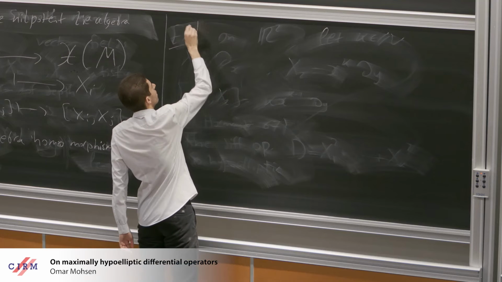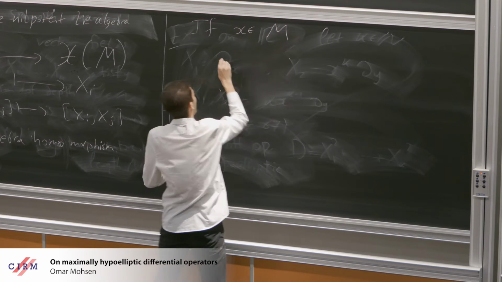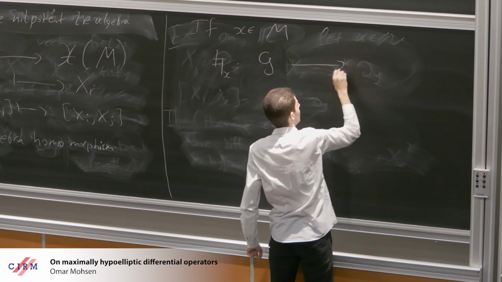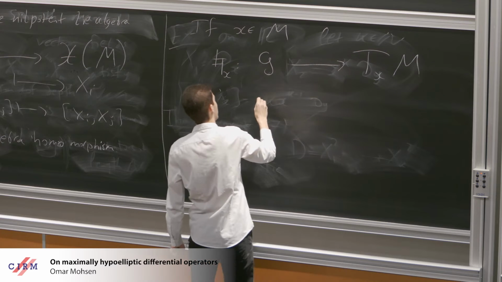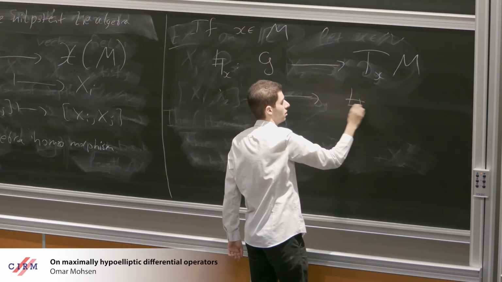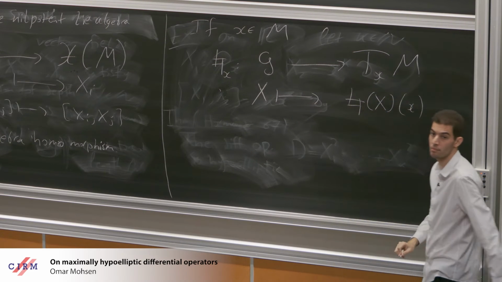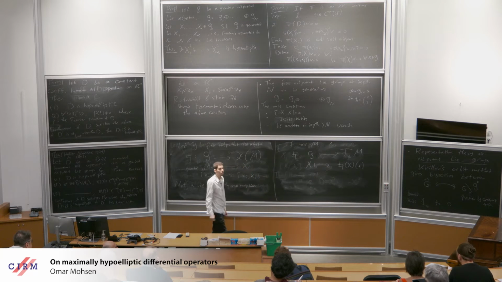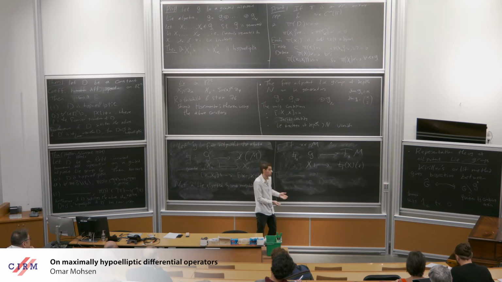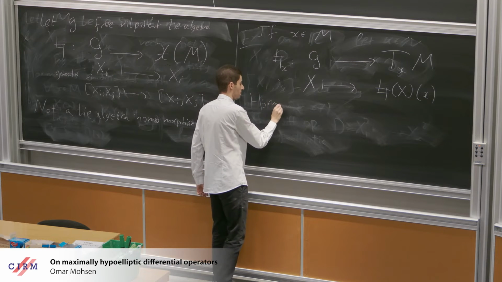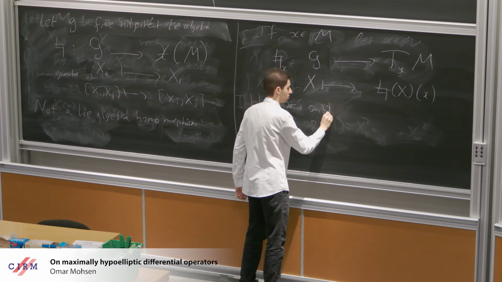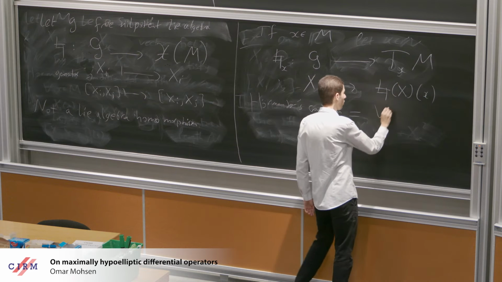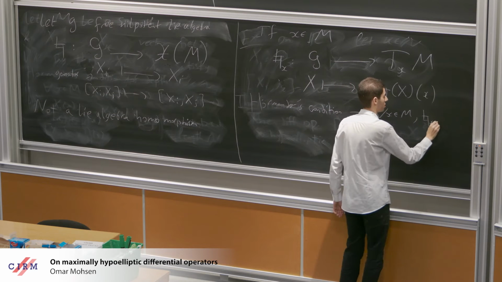And so if X is in M, I can define this map which takes an element and gives me this evaluated at X. So I take my vector field and evaluate it at X. And a fancy way of writing Hormander's condition would be to say that for all X in M, this map is surjective.